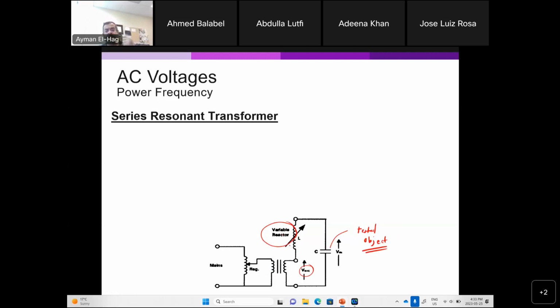We try to change the inductance to be in resonance with the C. So the capacitance of your equipment to be tested will be cancelled by the inductance of this variable reactor that you control. So now you are removing the loading effect. The only effect now is the internal resistance of your transformer. So that will result in extremely high voltage and very low current requirements, as we will see.